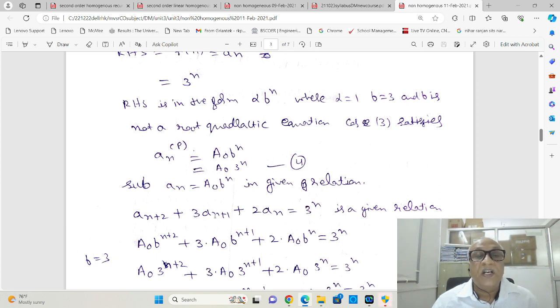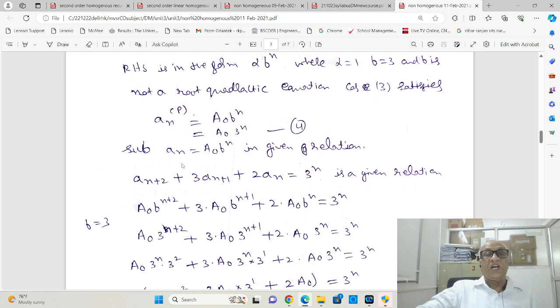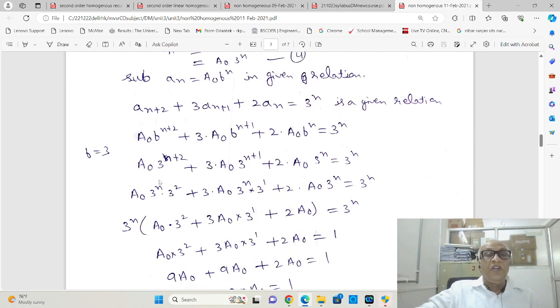As it is a(n+1), this becomes a0 b^(n+1). As it is an, it becomes b^n. So our new equation after substituting is a0 3^(n+2) plus 3a0 3^(n+1) plus 2a0 3^n is equal to 3 to the power of n.